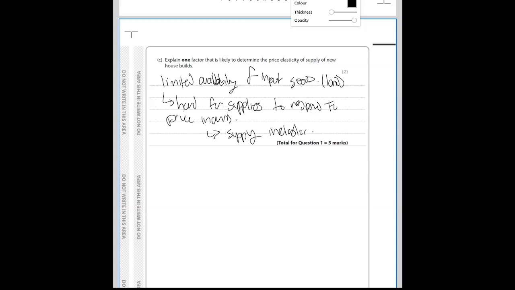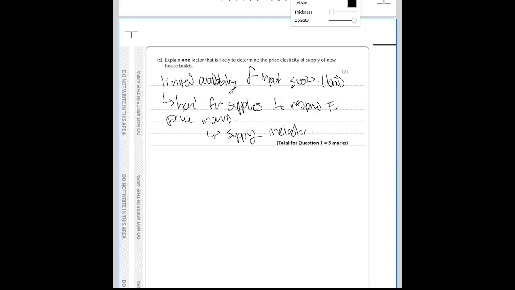We could also think about things like planning permissions and regulations. If regulations are stricter, it's going to be harder for suppliers to respond to changes in price. We could also think about how long it takes to produce homes. You'd think building a home in the fastest possible time would be maybe 3 or 4 months. So if you get a price change now, it's going to take a long time before suppliers are able to respond to that by ramping up production, right?